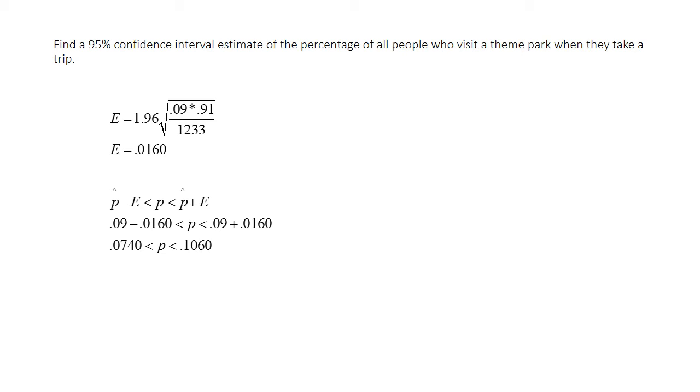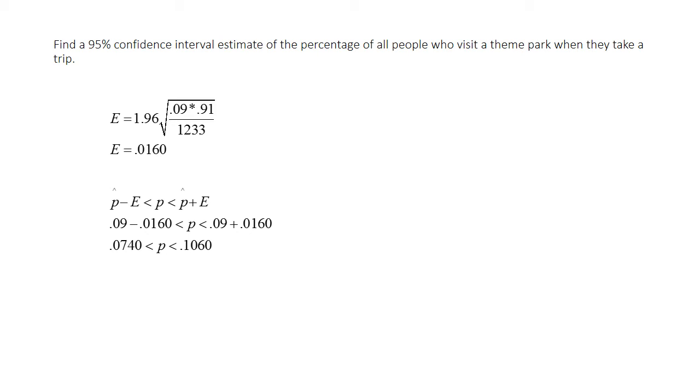Next, we're asked to find a 95% confidence interval estimate of the percentage of people who visit a theme park when they take a trip. We must first find E, the margin of error. Since it's a 95% confidence interval, that leaves 5% for both ends of the graph.